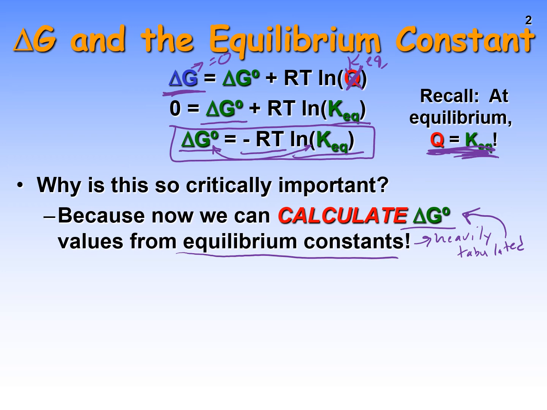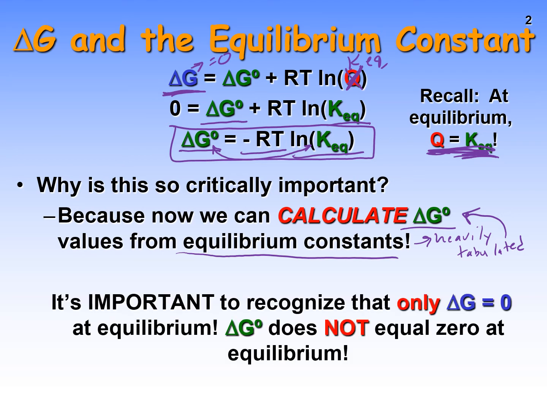We can get delta G naught if we know K. And if we know delta G naught, we can get K, vice versa. It's a big deal. It's important to recognize that only delta G is 0 at equilibrium. Delta G naught is not 0 at equilibrium. Only delta G is, which is pretty important.